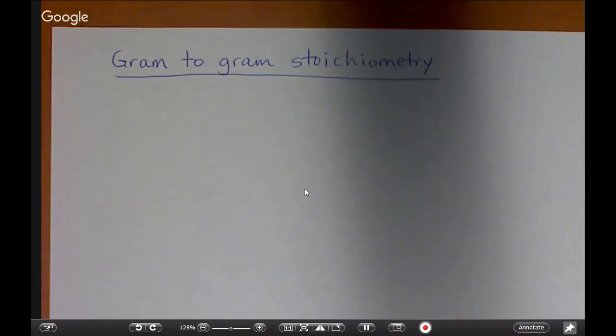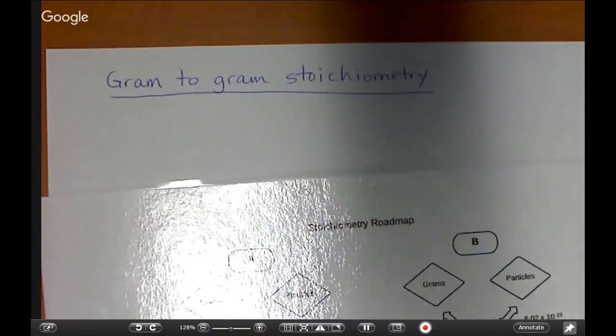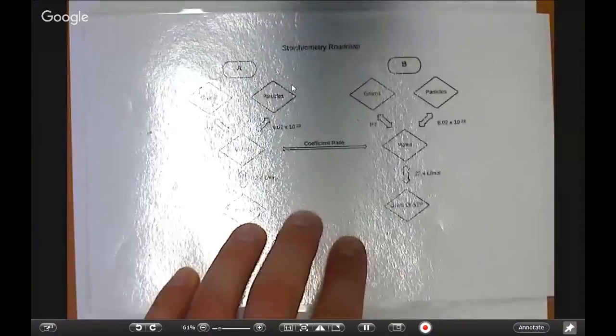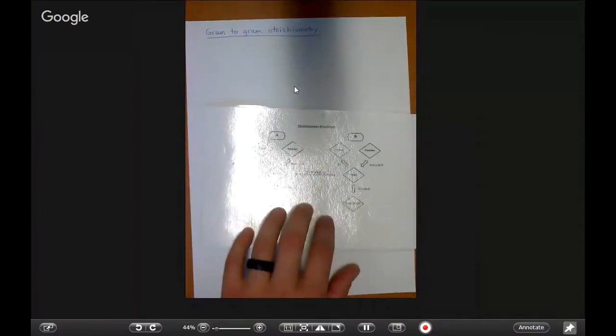What I want to bring to your attention first is the stoichiometry roadmap that we've been referencing in class so far. The lighting is kind of terrible on here. There we go.